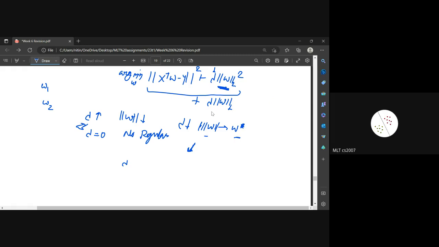No, that is the prior, but we have updated the prior and we got this estimation: X X transpose plus lambda I inverse X Y, this one. So this is now your estimator W MAP. That was the prior assumption: make sure that you want your W's to be close to 0. That's why we assume W's to be 0 in that case.